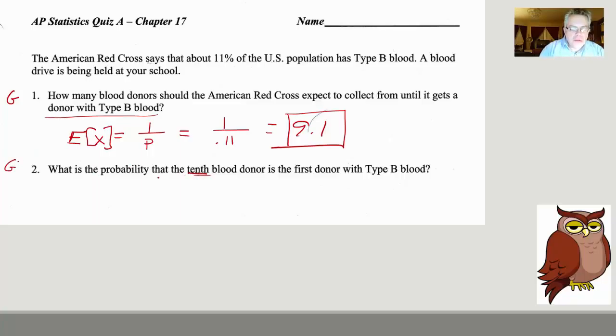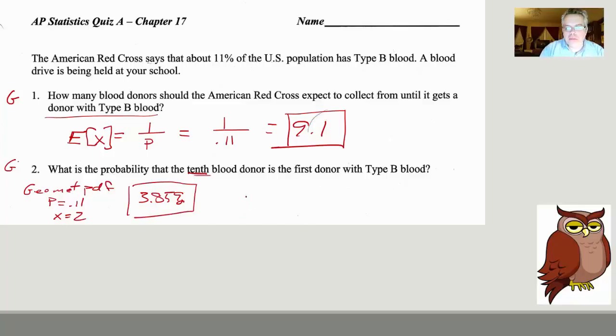We can use geometpdf. In this case, P equals 0.11. The value we're interested in is X equals 10. If you do this, you get 3.85%.